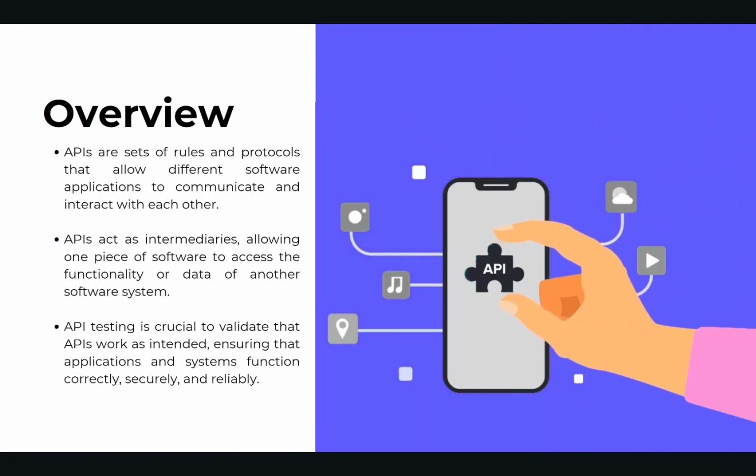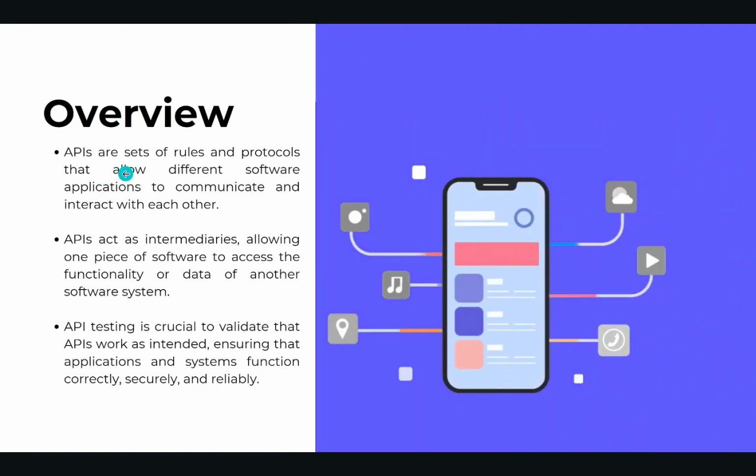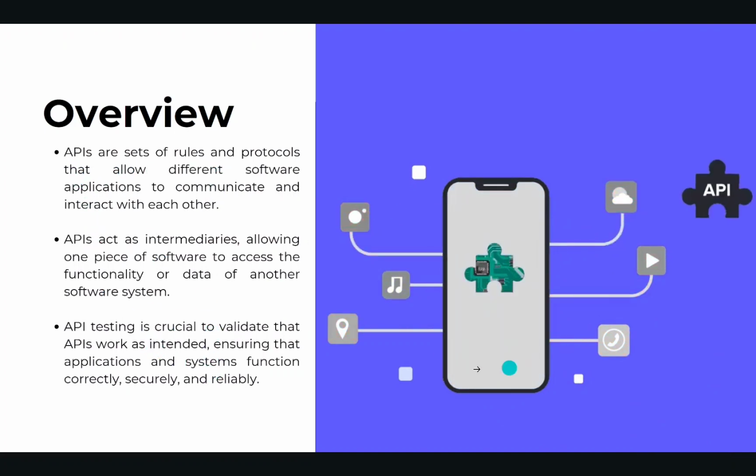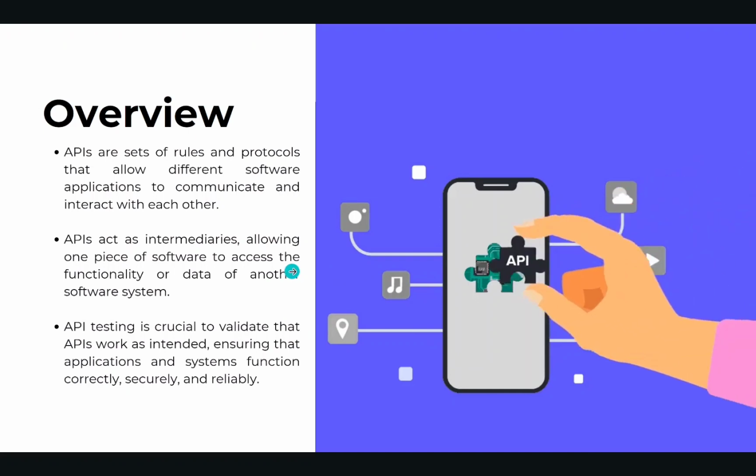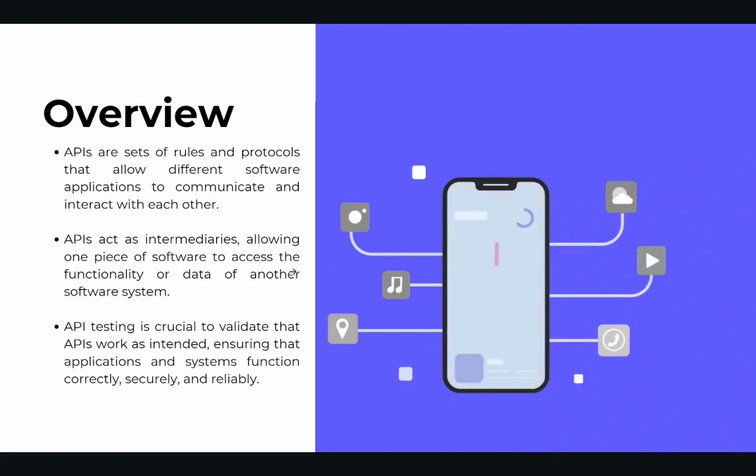So for an overview, we have some statements present over here. We have some imagery. We will have a go at all of these. Let's take this step by step. APIs are a set of rules and protocols that allow different software applications to communicate and interact with one another.